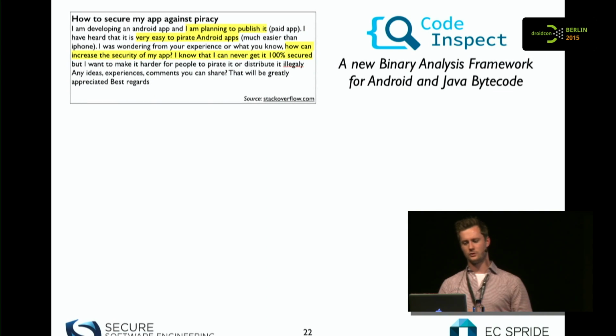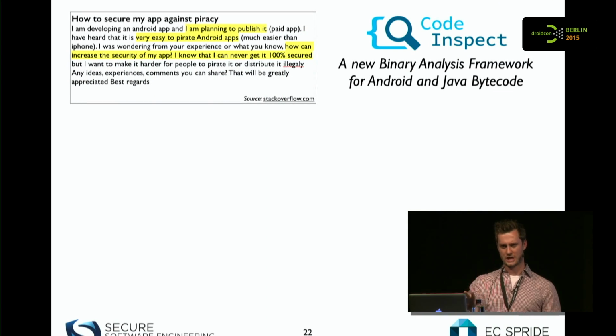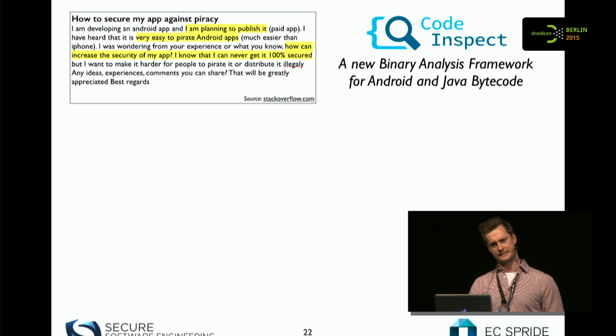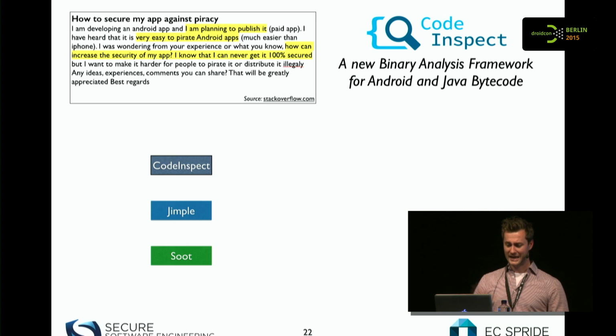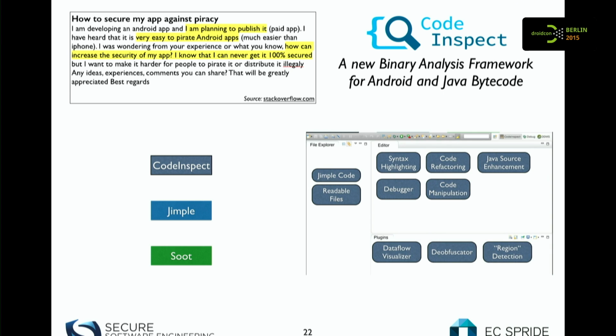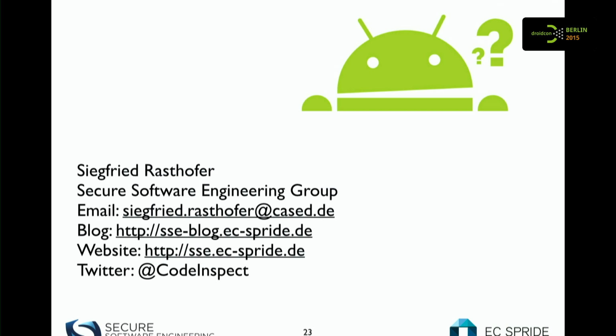We came up with a tool called CodeInspect, which, at least for the Java bytecode or the Android bytecode part, gives you an easier way to do this and an easier way to understand the code. It relies on the Jimple intermediate representation, which is very human readable, and the Soot framework with all the algorithms. And we currently support different plugins. More will come later. And this brings me to the end of my talk.